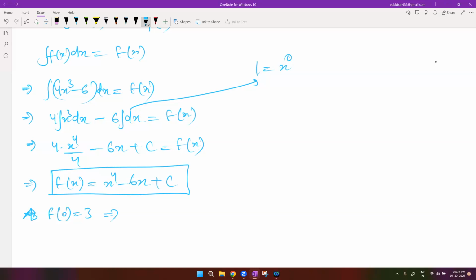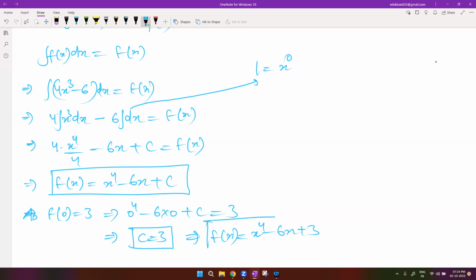So if you put capital F0 as 3, it implies that 0 to the power 4 minus 6 into 0 plus c is equal to 3, which implies that the value of c is 3. Now you have your capital Fx, which is the antiderivative of small fx, and the value is x to the power 4 minus 6x plus 3.